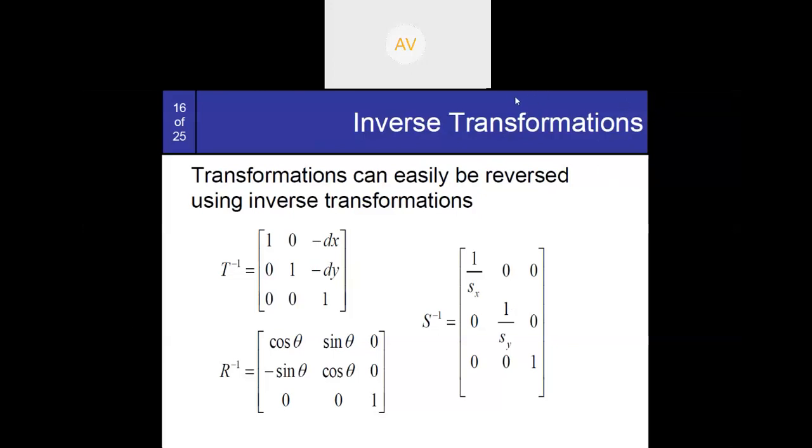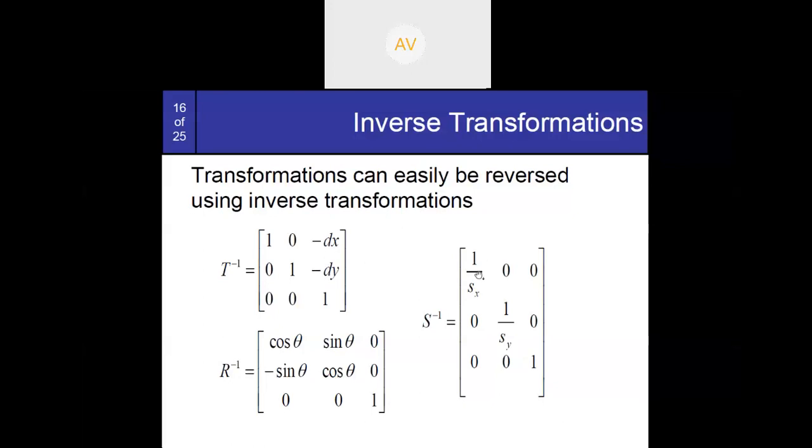In that case, you have to take the dx value and dy value in the negative direction. Earlier we took them as positive when moving from the first position to another position. When you have to take it back, you have to reverse it, so you take these values as negative. That is the only difference.